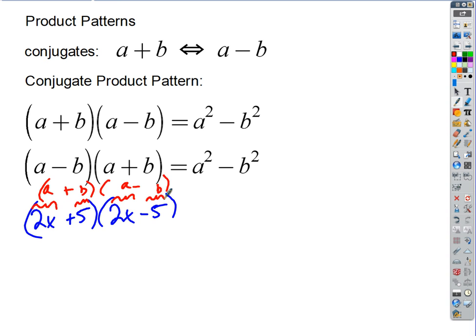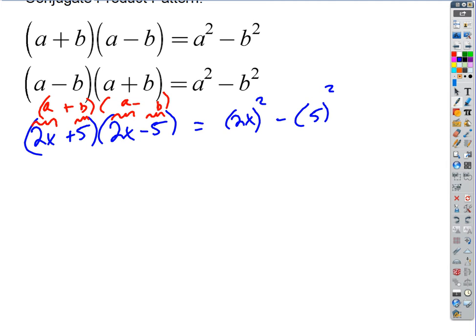And we know that pattern, right? The outcome is just a squared minus b squared. Okay, so we're going to get a squared minus b squared. What's my a again? 2x. And my b? 5. So we just have to simplify that.